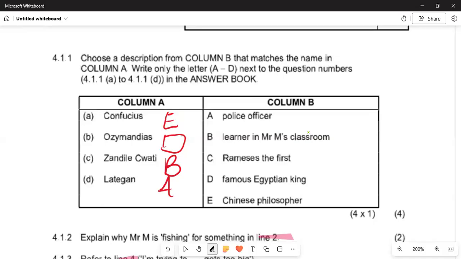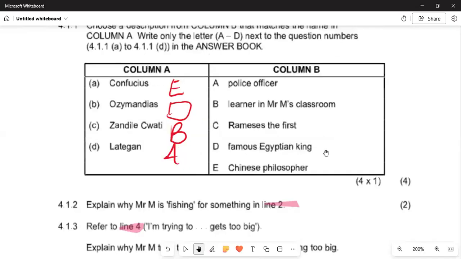Right? Then if you are moving on, we have 4.1.2. It says, explain why Mr. M is fishing for something in line 2. When someone is fishing for something, he can smell or see that something is going to happen.